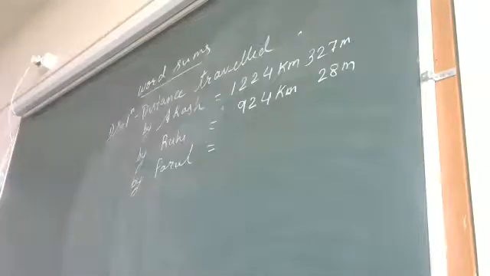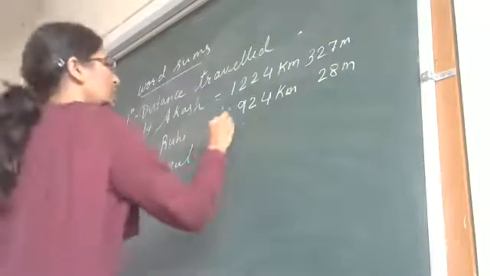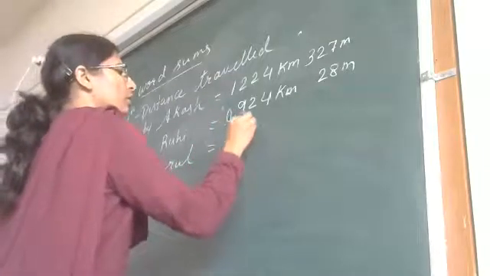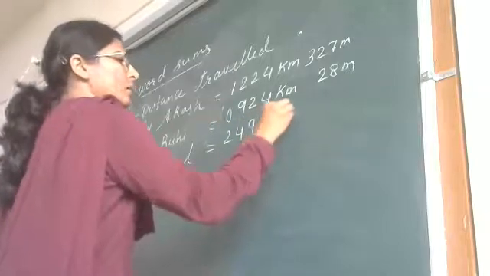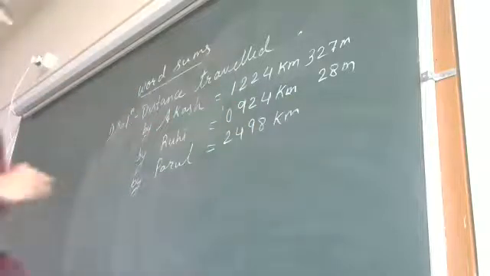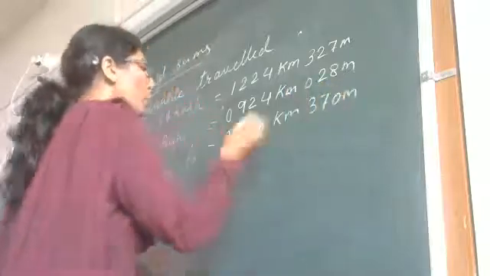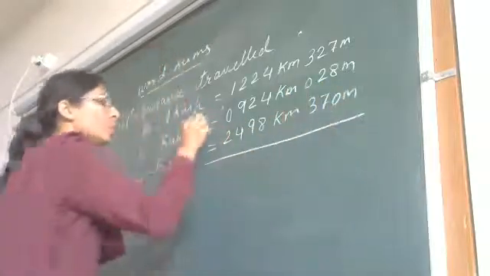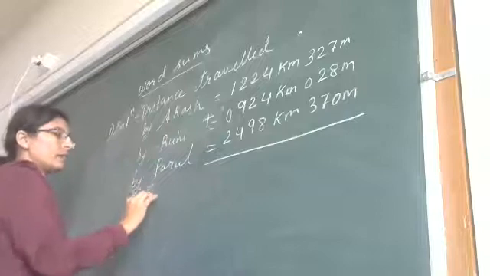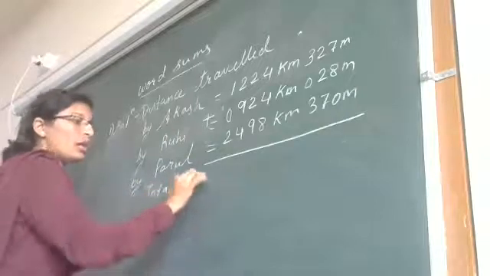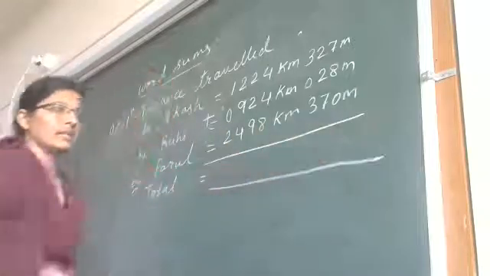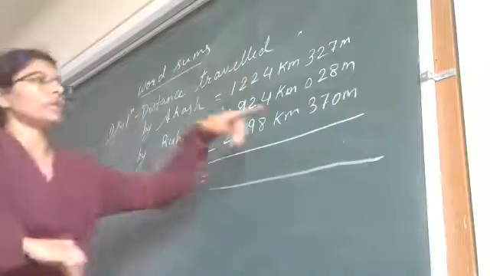Parul is how much? 2498 kilometer. And meter? 370 meter. Now we have to find the total distance, which means total is added. So we should add.